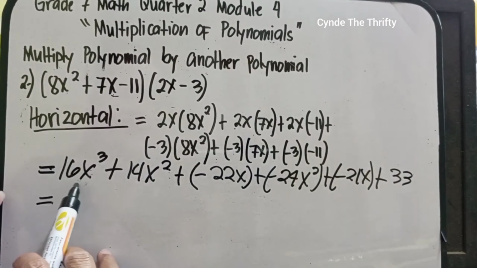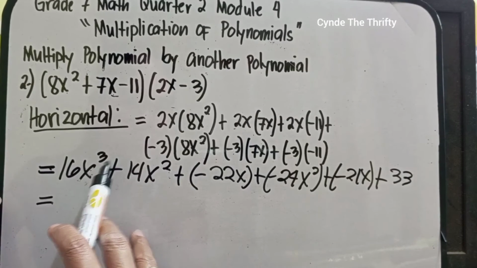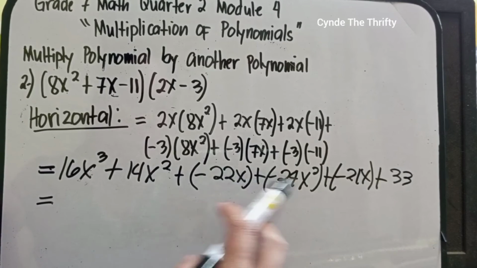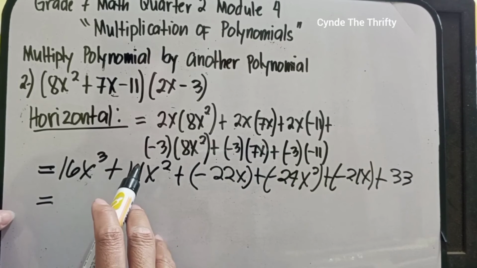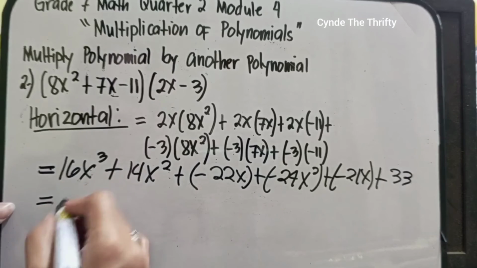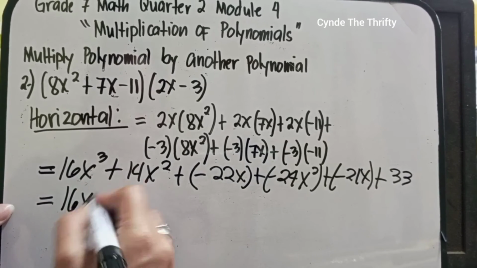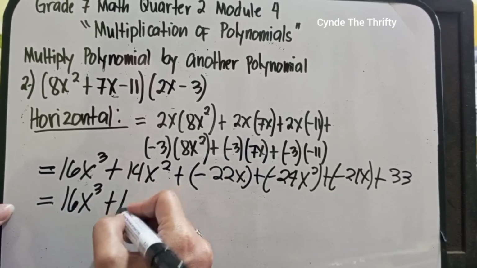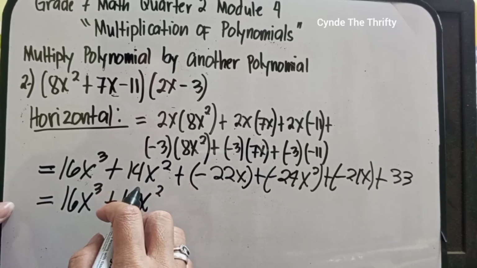So, pansinin nyo ang ating sagot, hindi siya naka-arrange in a standard form kasi meron tayong 3 dito, meron tayong 2, merong 1, merong 2, merong 1. So, standard form, dapat naka-arrange ang kanyang exponent na galing sa mataas pababa. So, i-arrange muna natin siya para makapag-add tayo. So, 16x cubed plus 14x squared. Saan pa ba ang merong 2 na exponent natin?